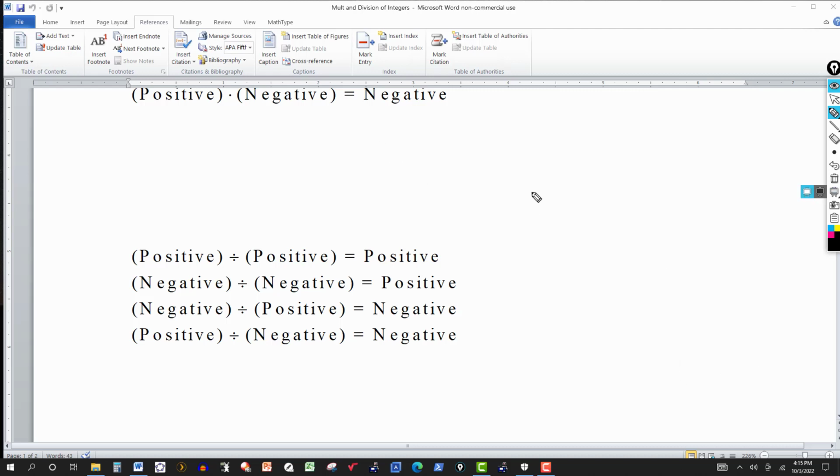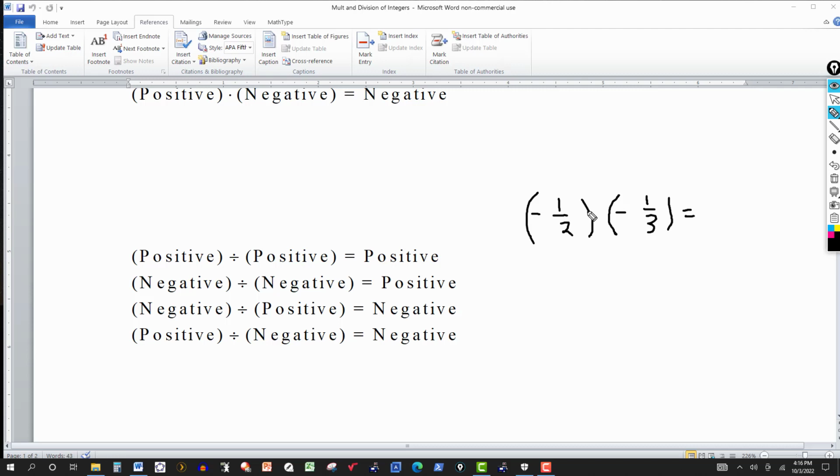Now, I want to point out that the rules we're going over here are going to work for any kind of number, not just integers. So if I give you, say, negative 1/2 times a negative 1/3, here you're multiplying fractions, but you still follow the same rules.